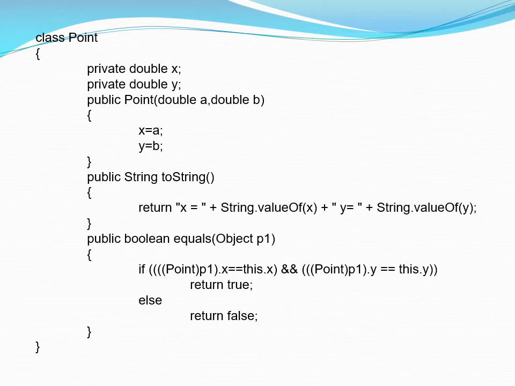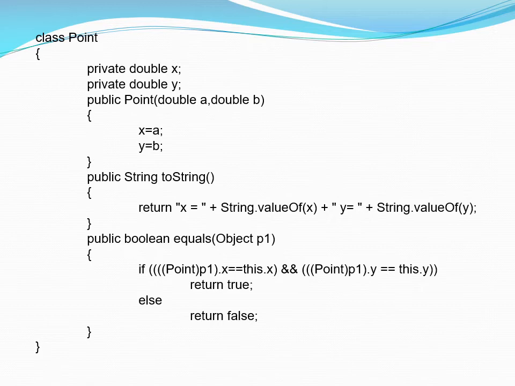Now in this class Point, we have a class called Point with two data members x and y, both doubles, and it has a constructor. If I have only this much, then when I try to print objects of class Point, the default implementation of toString gets executed.